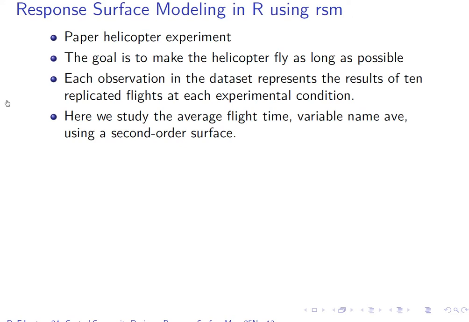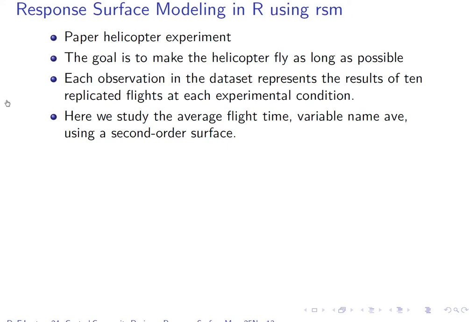Each observation in the data set is a result of 10 replicates. So I encourage you to load the library, look at the data set, load the data frame, and take a quick look at it. The documentation for this data set is more detailed than you'll find here.